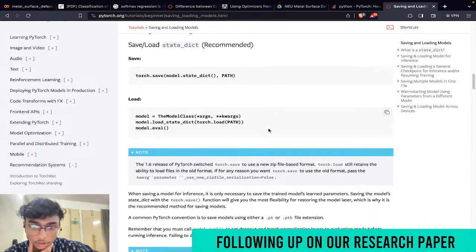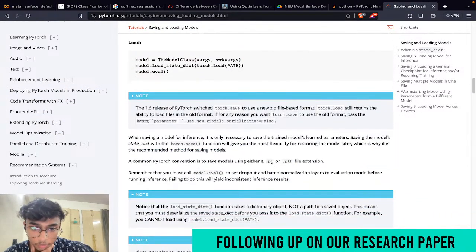This is the PT or PTH file extension, common in Python.